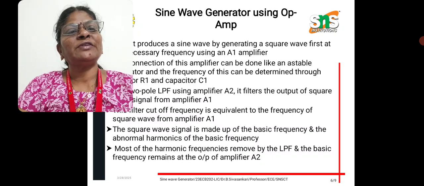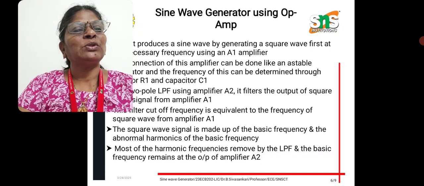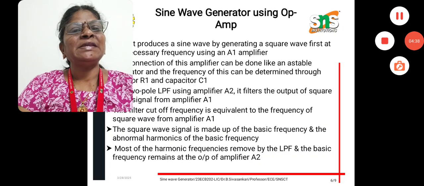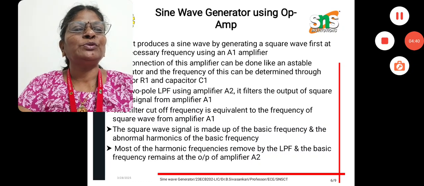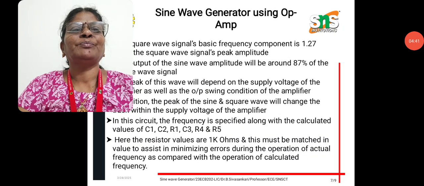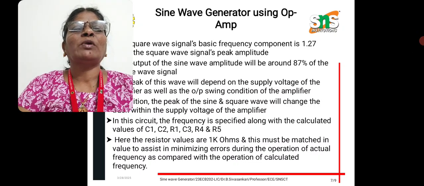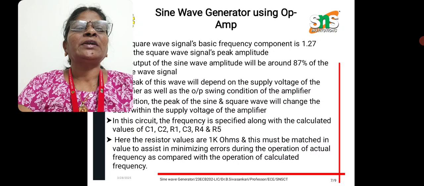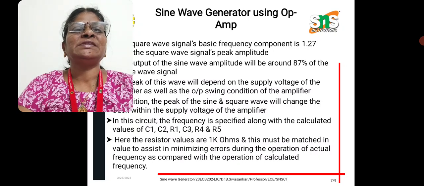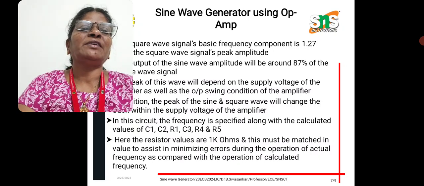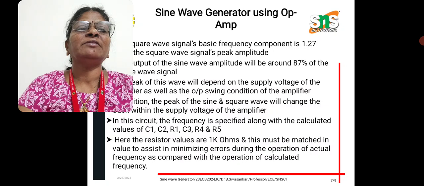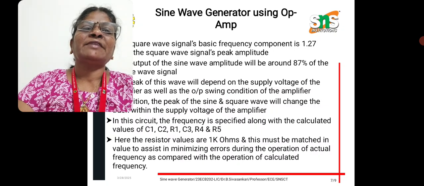Most of the harmonic frequencies are removed by the low-pass filter, and the fundamental frequency remains at the output of amplifier A2. The fundamental frequency component of the square wave signal is 1.27 times the square wave's peak amplitude. The output sine wave amplitude will be around 87% of the square wave signal.